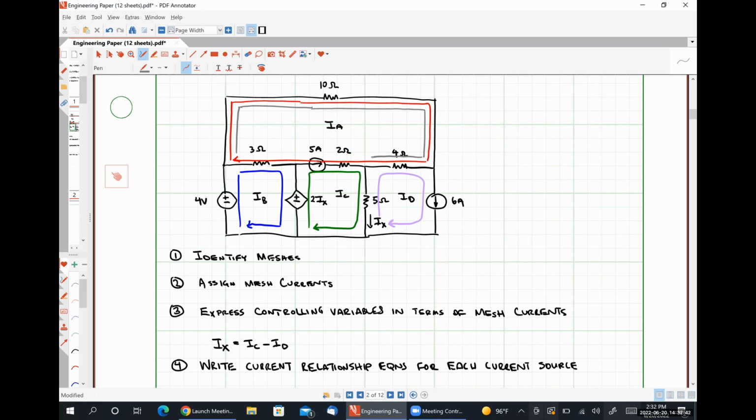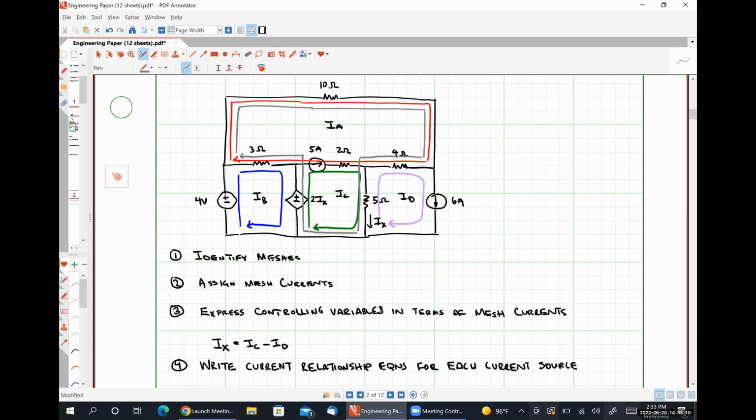I'm going to do that by simply writing the smallest possible loop that avoids taking the voltage drop over the 5 amp source, which is the loop I've outlined here in gray. Now, this loop does not include the voltage drop over the 2 ohm resistor.